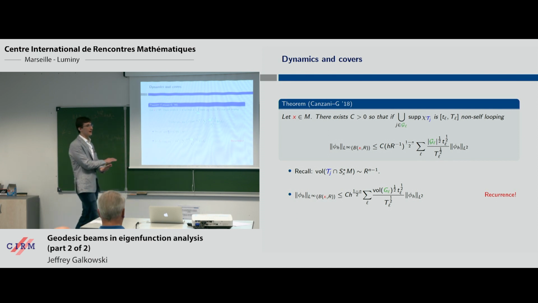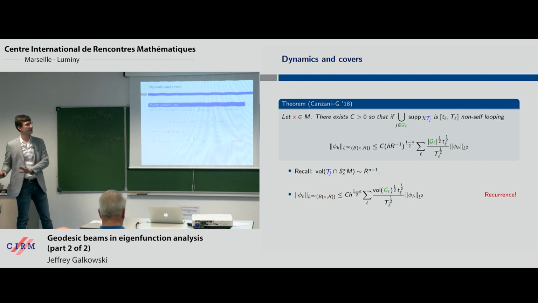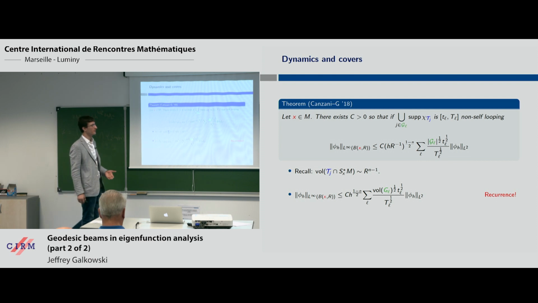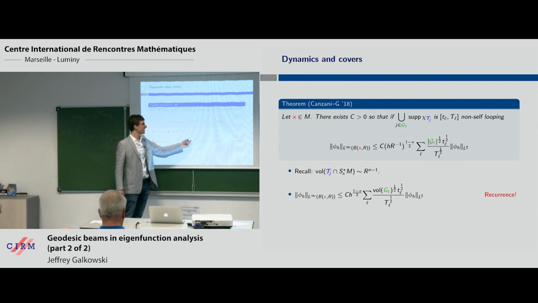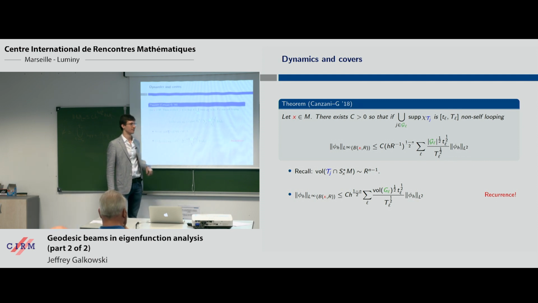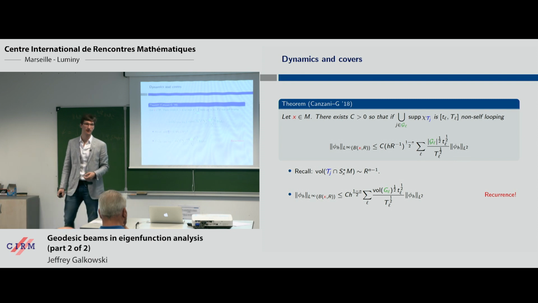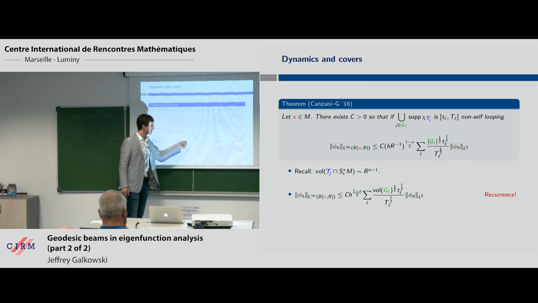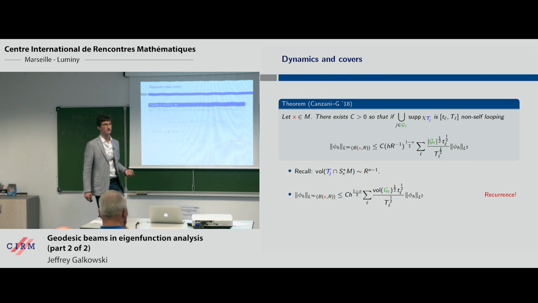And you can iterate this procedure. But there's a price to pay, because it's a priori better to have big volumes here, and that's because of this square root. So there's some kind of quantitative recurrence going on, in that I need to be able to make this T_L much bigger when I make the sets smaller.